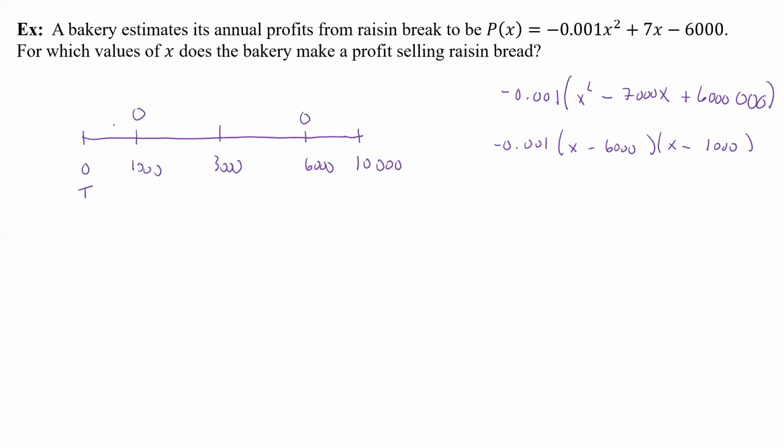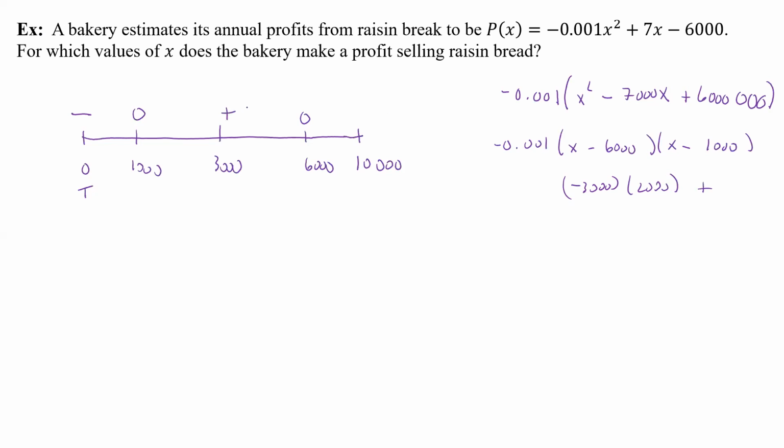Now if we plug in 0 into this, what do we get? Well, we get a negative 6,000, so that is going to be over here, negative numbers. Now if we plug in 3,000, what are we going to get? Actually, we can just think about it. 3,000 minus 1,000 is 2,000, and 3,000 minus 6,000 is minus 3,000, and then we have a negative out front, so that's going to be a positive number.